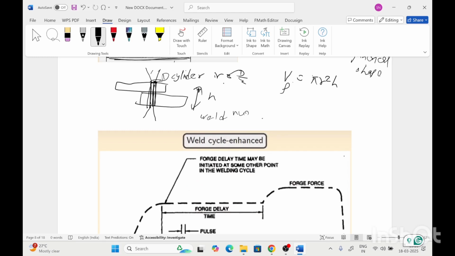The weld nugget diameter is written as 4 times the square root of thickness. So if we use a 1 mm thickness plate, the welding joint will be created as 4 mm in diameter.